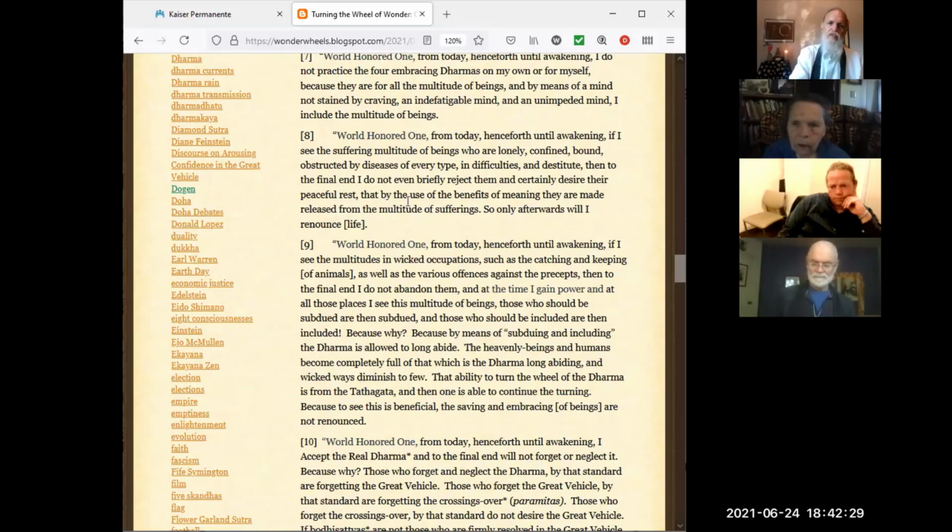I can't say it's the first place in the sutras. There are so many Prajnaparamita sutras, it might be there in one of them as well. I was challenged the other day, I can't remember on what. I said, well, what about the vow to save all beings? I'm not going to bail out until then. And this seems like that's what they're saying here as well. Yes, that's right.